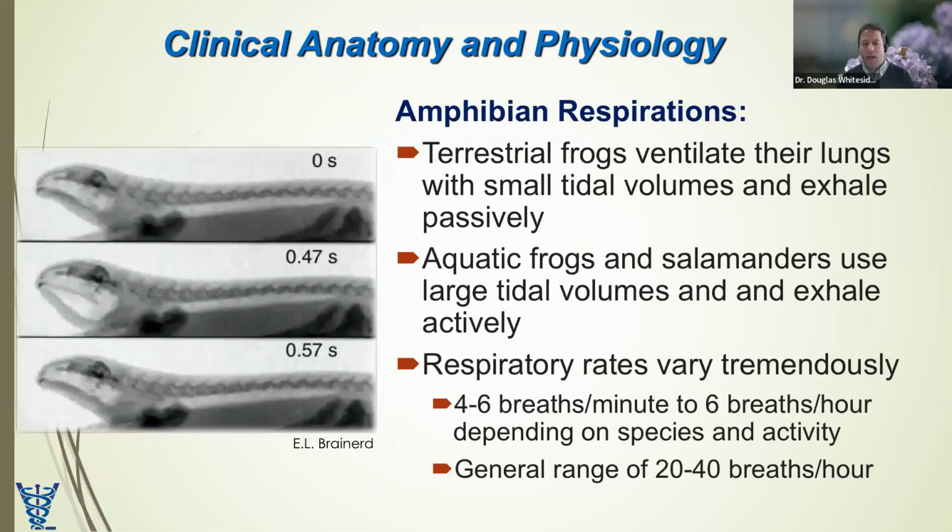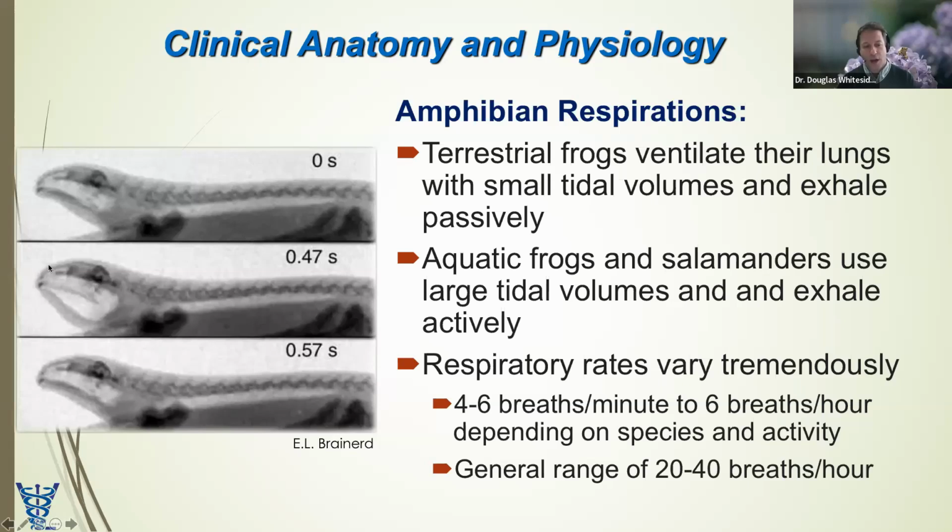So when we think about the different strategies that our amphibians are employing in terms of respiration, our terrestrial frogs tend to ventilate their lungs with very small tidal volumes and exhale passively. And unlike our reptile species or our avian or mammal species, which require an aspiration type of event to get that air into the lungs, our frogs and other amphibian species will fill their bucopharyngeal area, the gular area here, with air.